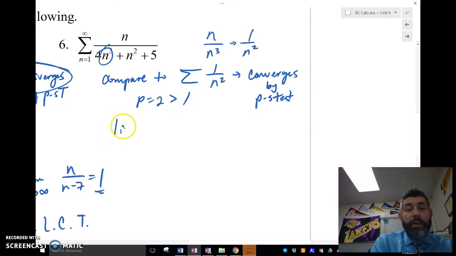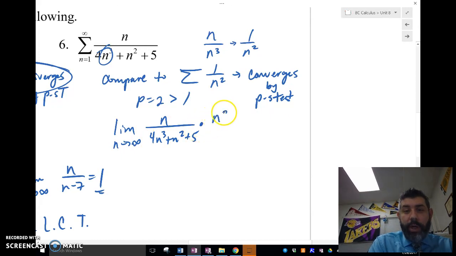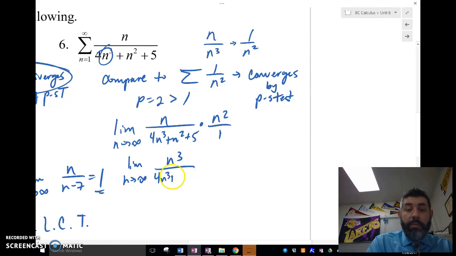So we're going to do our limit as n approaches infinity of a sub n, which is n over 4n cubed plus n squared plus 5. I'm just going to do the reciprocal right away. I think you guys figured out that that's what we're going to have to do. So this is the limit as n approaches infinity of n cubed over 4n cubed plus n squared plus 5, which is 1/4.